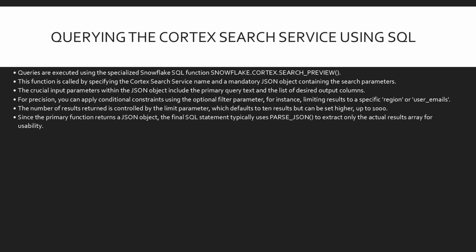Given that the function inherently outputs a comprehensive JSON object encapsulating the entire search response, the most common and practical final step in the complete SQL statement involves using the parse_JSON function to extract only the actual results array, making the output immediately consumable and highly usable for downstream tasks.